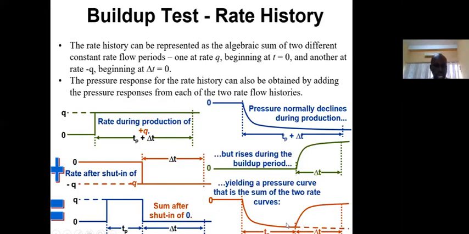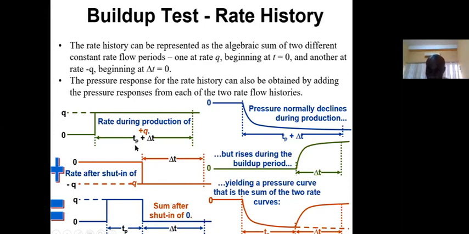And this slide exemplifies what I was referring to, where the build-up test is now a superposition of the flow periods. It's assumed that the effects of perturbing the system due to production last for a total time of Tp.